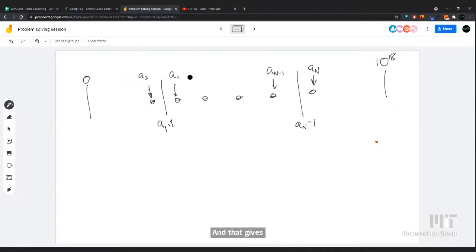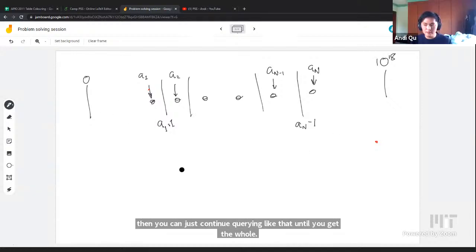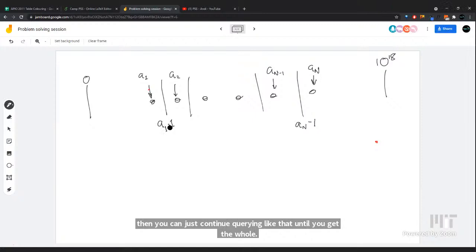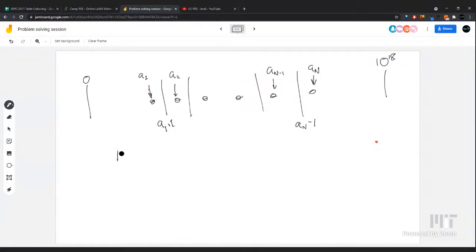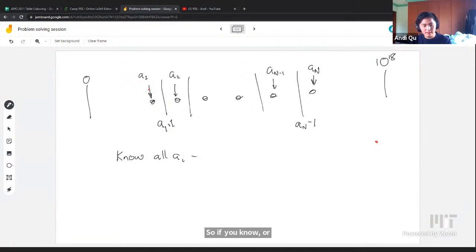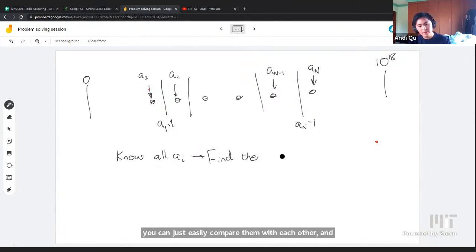Then you can just continue querying like that until you get the whole array of numbers. If you know all the numbers, then you can easily compare them with each other and find the largest gap.